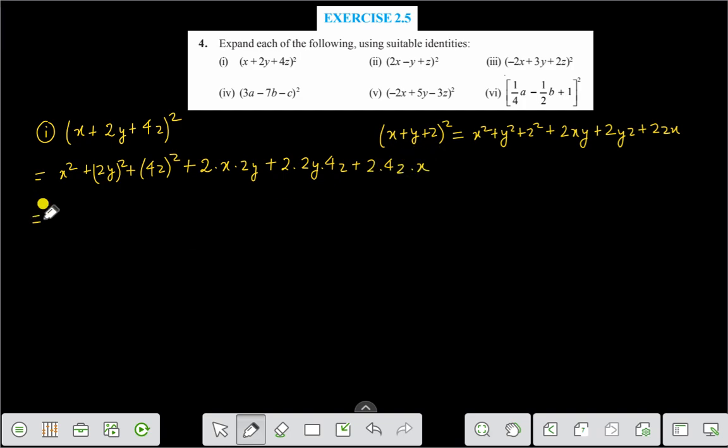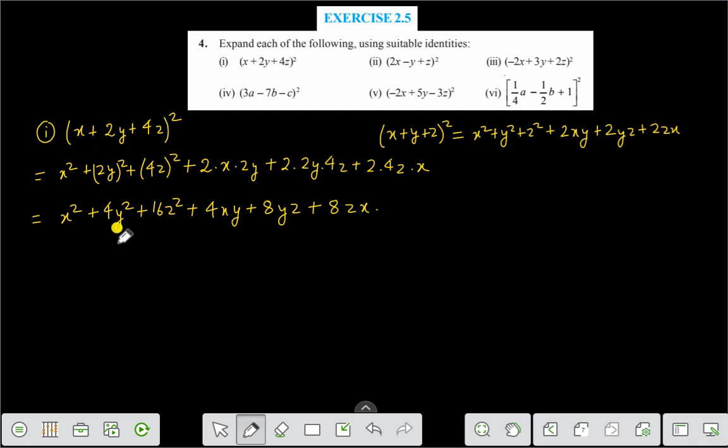That is, we are getting the value x square plus 4y square plus 16z square plus 2 into 2 is 4xy plus 2 into 4 is 8yz plus 2 into 4 is 8zx. That is the answer.